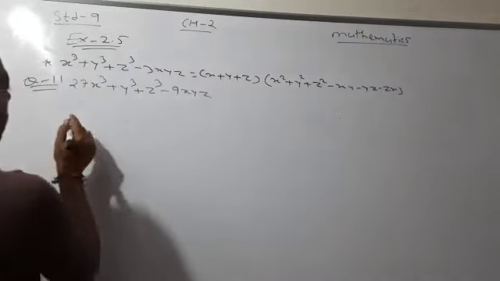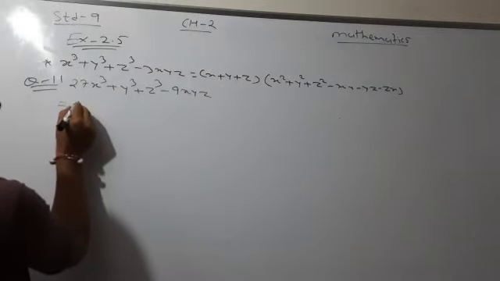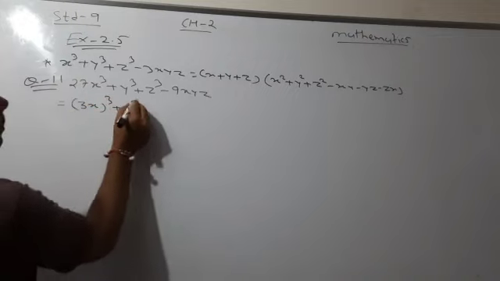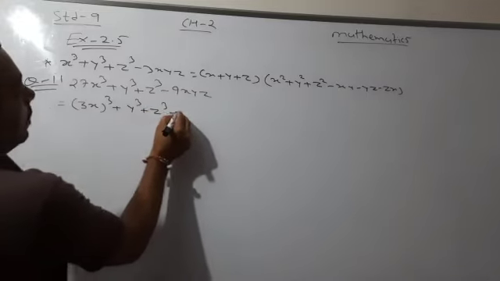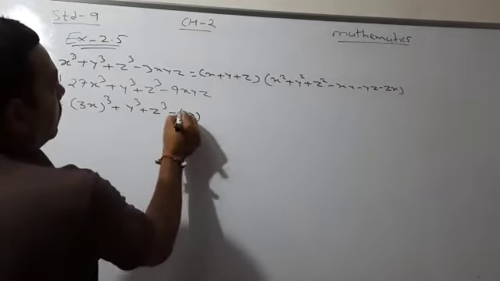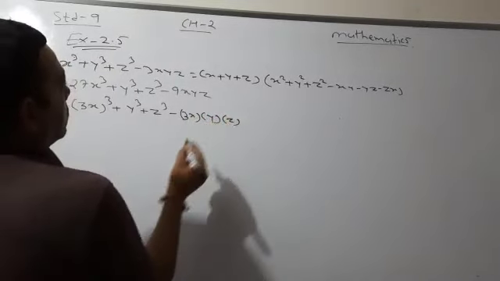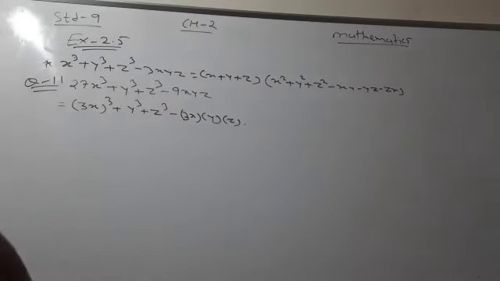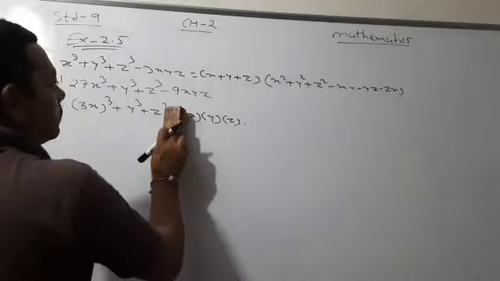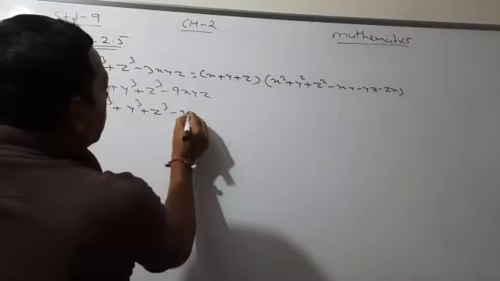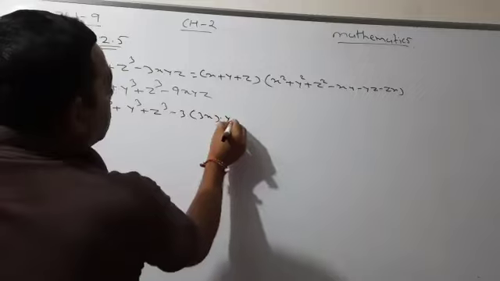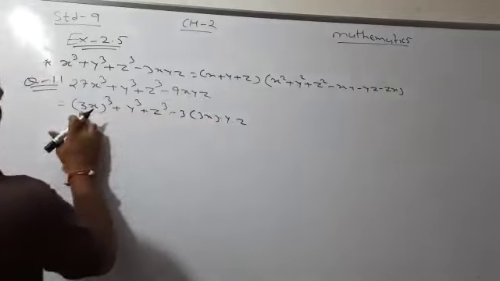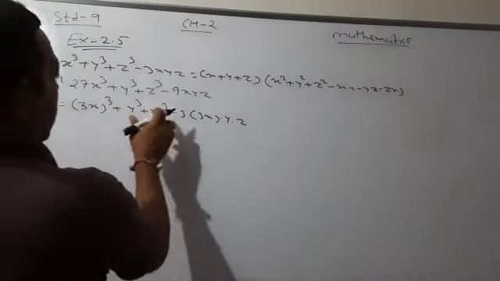Rather than this, we can read this as 3x whole cube, y cube, z cube, minus 3 times 3xyz. Now observe this, 3 times 3xyz is 9xyz, 3x the whole cube is 27x cube, y cube z cube as it is.